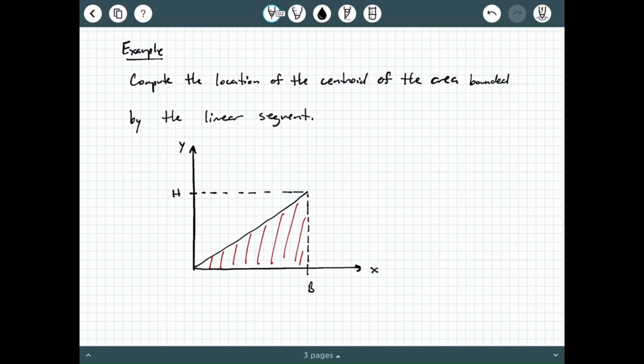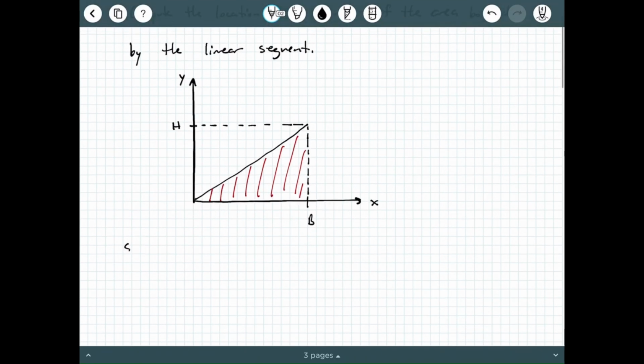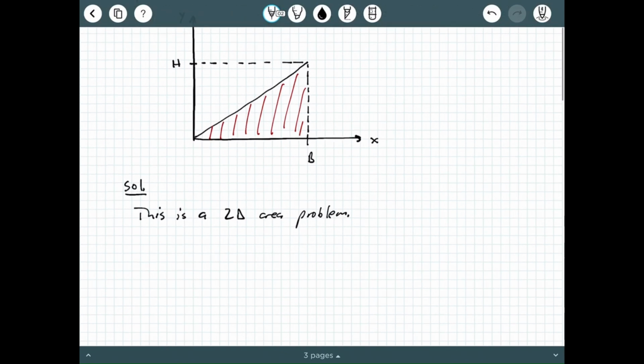So let's figure out how we're going to tackle this problem. The first thing we need to notice is that this is a 2D area problem. Because of that, we're going to have an x-coordinate and a y-coordinate for the centroid, and we need to use the area version of our centroid formulations.